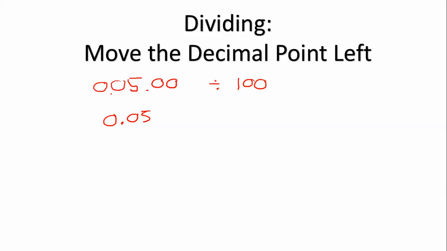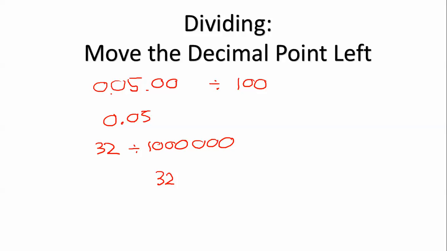Likewise, let's pick a different number. Let's say I've got 32 this time. And I want to divide it by, actually let's go for a cool million, shall we? 6 zeros. So I have 32, and I need to move it 6 places.